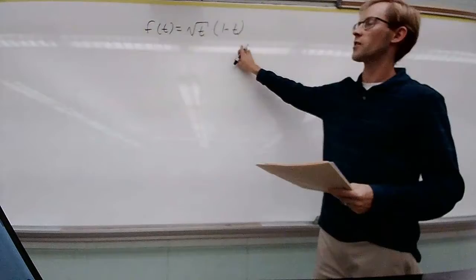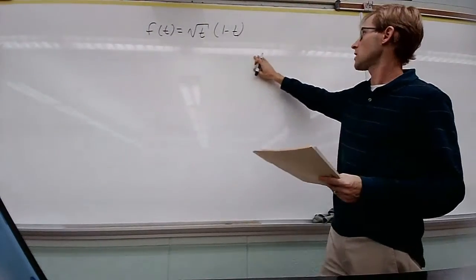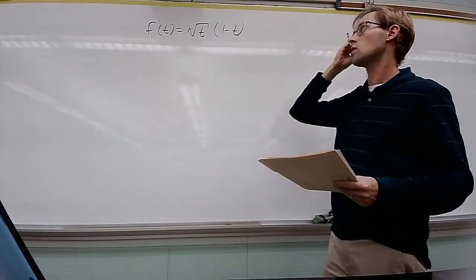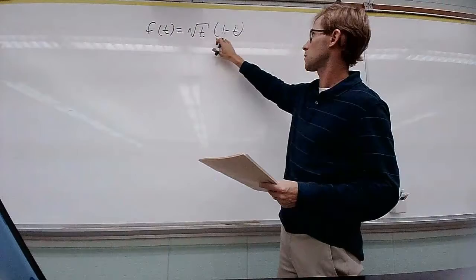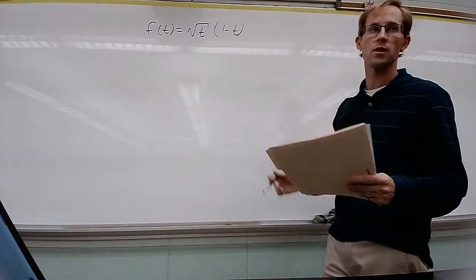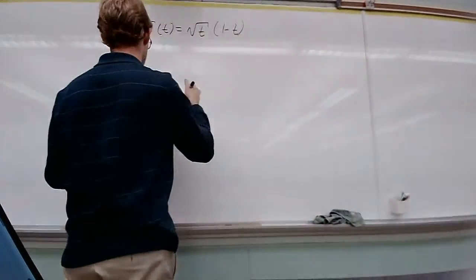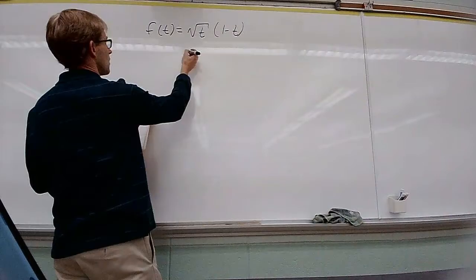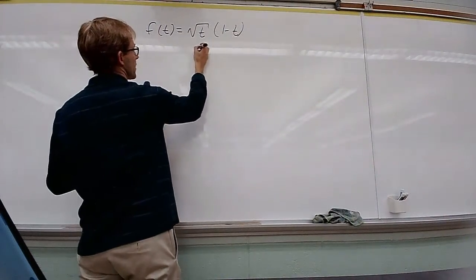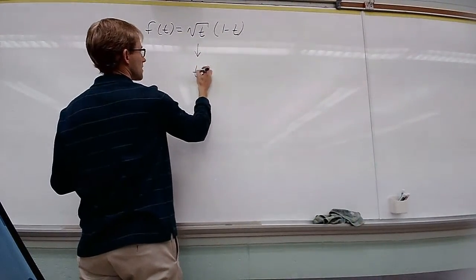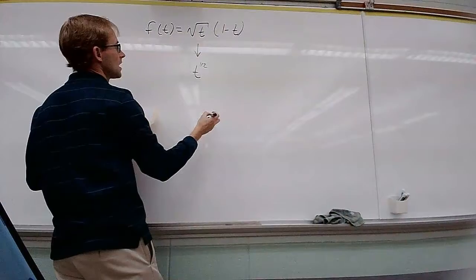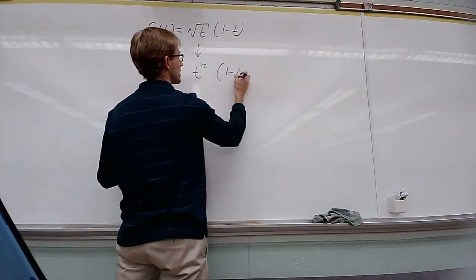So let's take a quick look at this one. This would be a product rule thing. You could do product rule, or you could just multiply this through and take it all separately. In terms of the product rule, the best thing you can do here is remember that this is t to the 1/2, and you're multiplying that by 1 minus t.